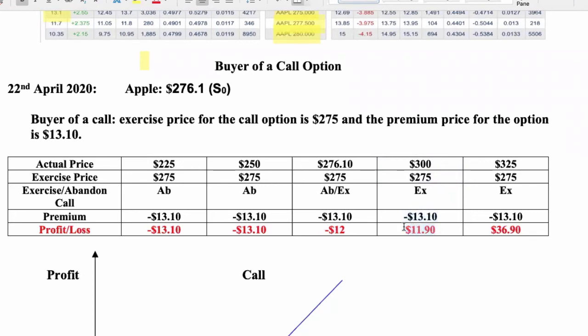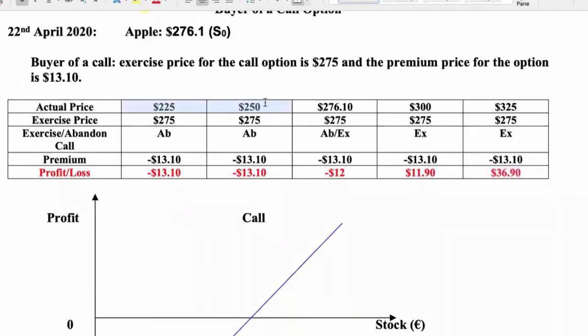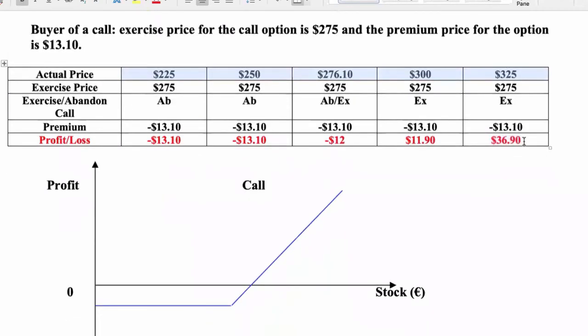So your overall net profit here is $11.90, $25 minus this. Likewise, you made $50 instantly in the market on Apple. $50 minus 13.10 is going to give you $36.90. And that's what we're going to plot. Okay, we're going to plot your actual price here against your profit and loss, really. Okay, so that's what we're plotting.